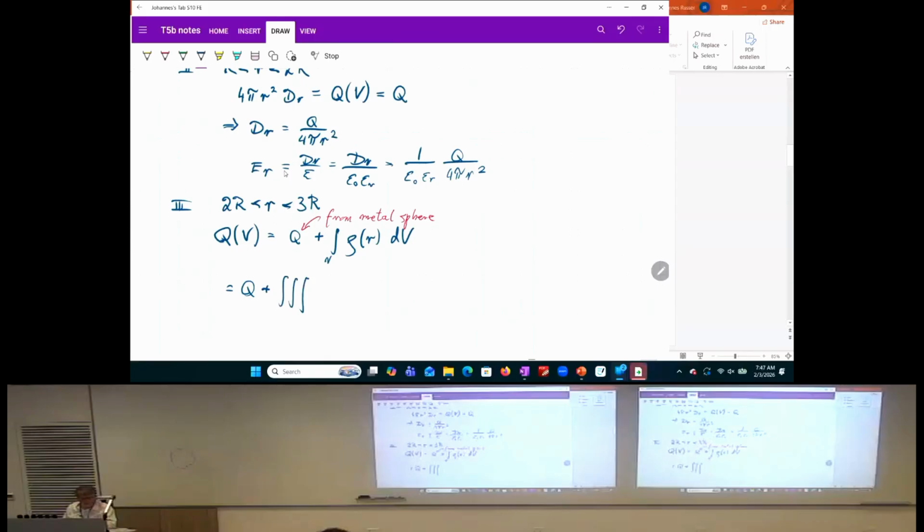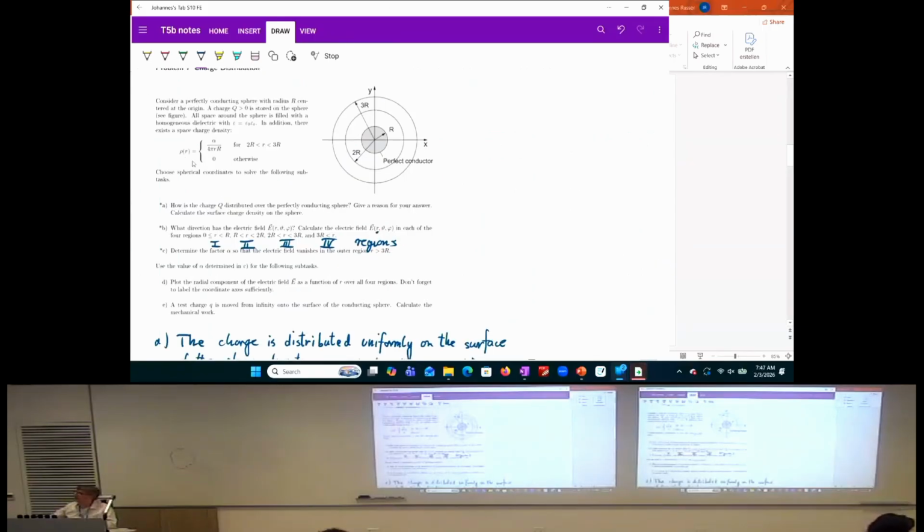And here, the charge distribution, you see this here, this rho is defined on this ring, extending from 2R to 3R. On that, we have a charge distribution which is alpha over 4 pi r R, yeah?